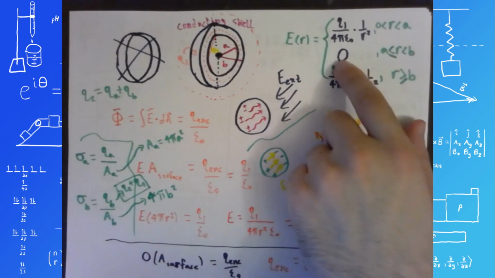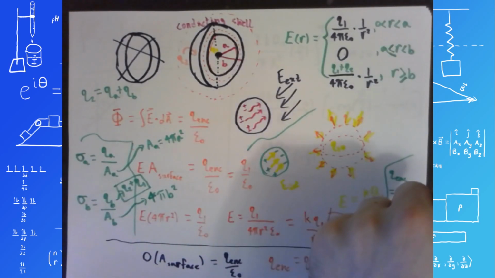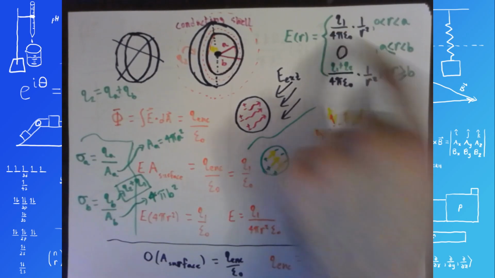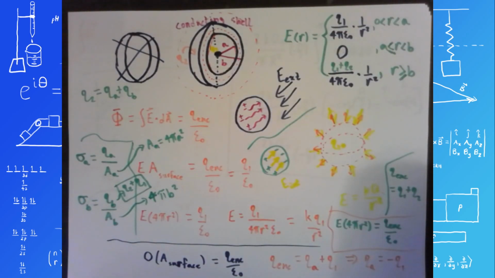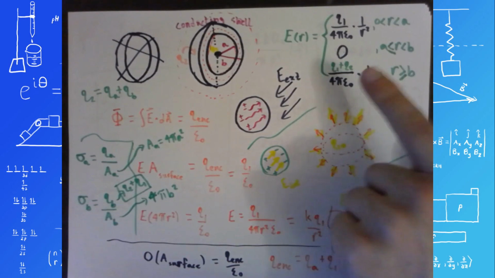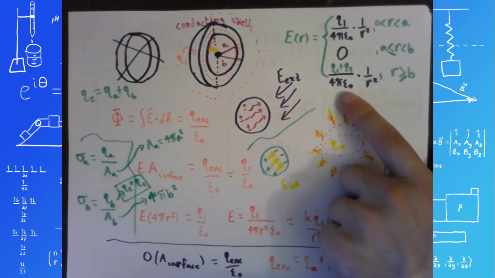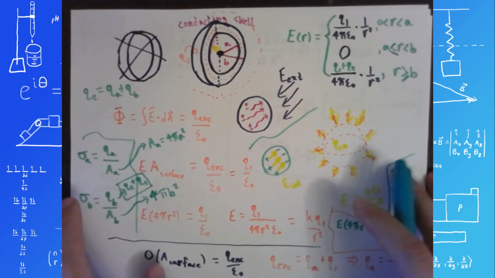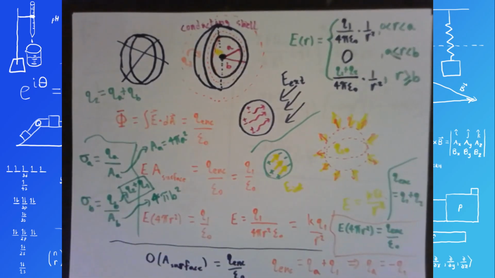Well, we know it's 0 everywhere from A to B, but are there any other points where that happens? Well, this can never be 0. And this over here can also never be 0, because whatever q1 plus q2 is, it's not 0. q1 does not equal negative q2, that's for sure. So yeah, I guess it's just between A and B.